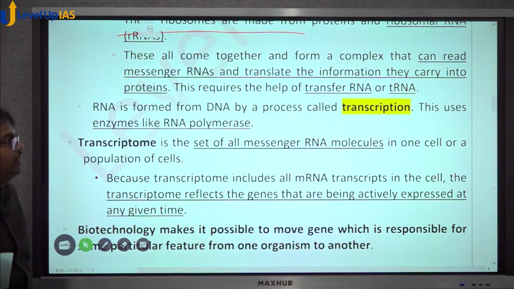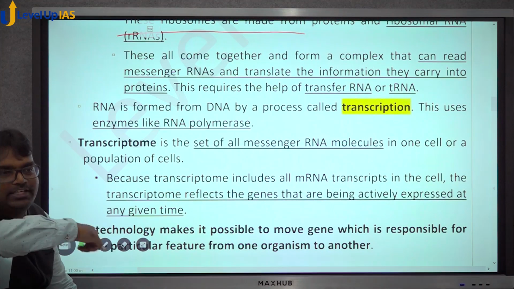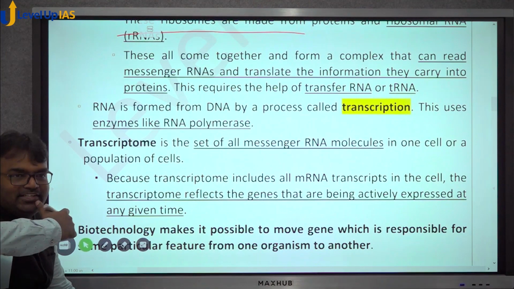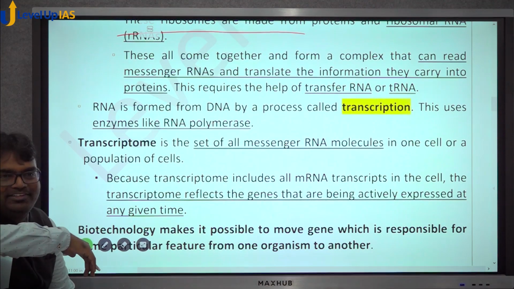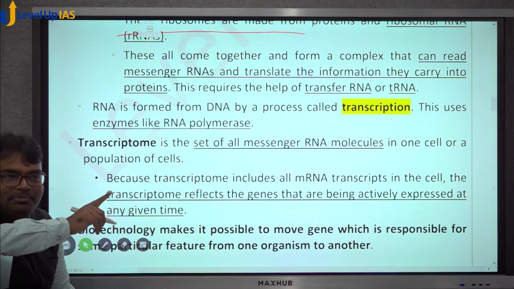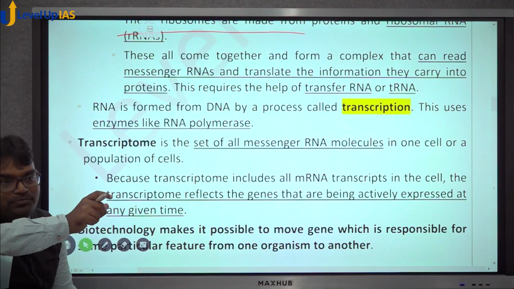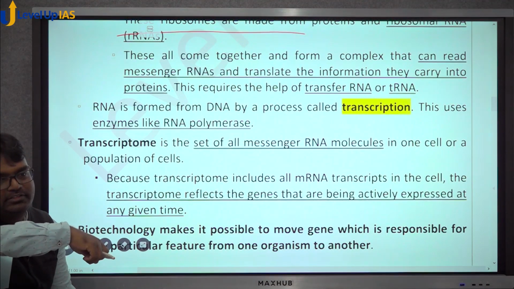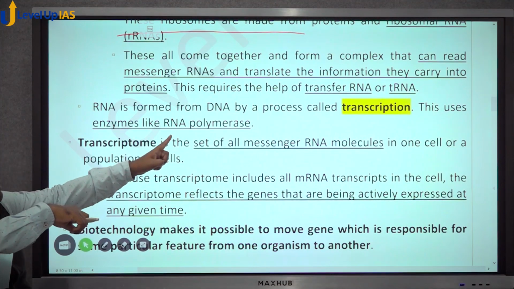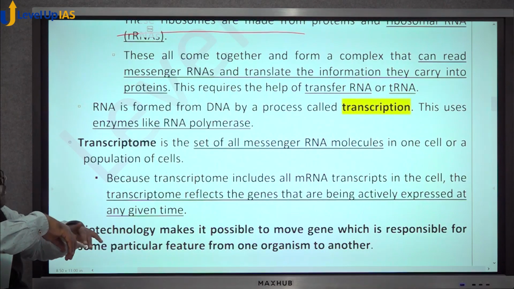Simple. mRNA is bringing the information outside. Right? How is mRNA being formed? From DNA. DNA has the information, which mRNA has to take out. So mRNA is formed based on that information. So RNA is formed from DNA by a process known as transcription, and here enzymes like RNA polymerase are used.